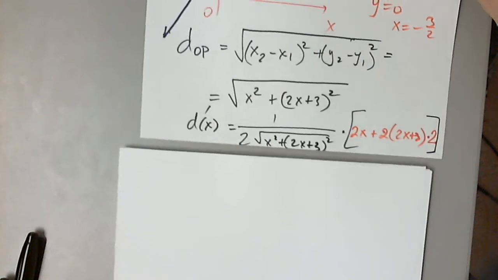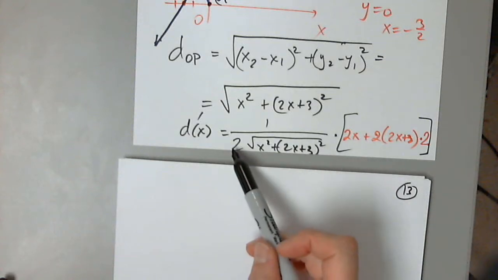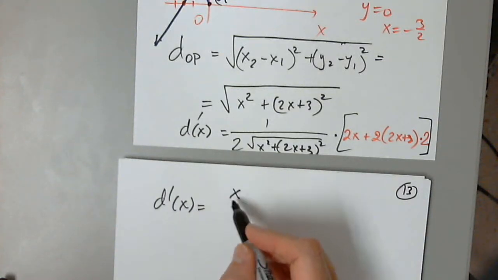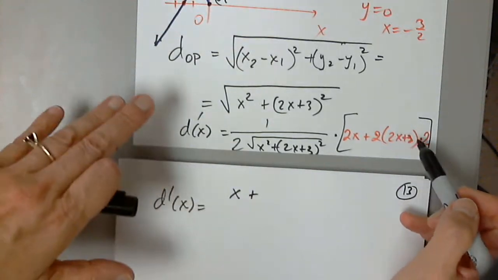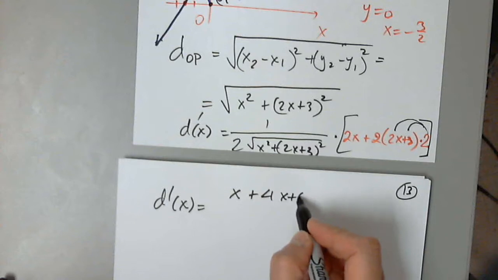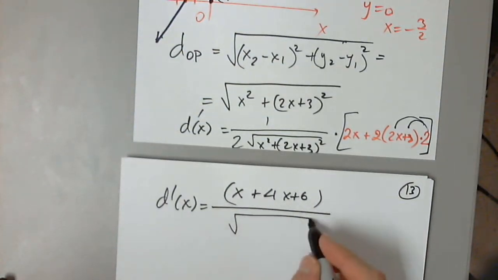Yes, I will, and then set it equal to 0, indeed. So I will factor out a 2 that will eliminate this. So then I have x plus, but this one stays. So plus 4x plus 6. I don't need parentheses, I'm sorry, I should have not put them.